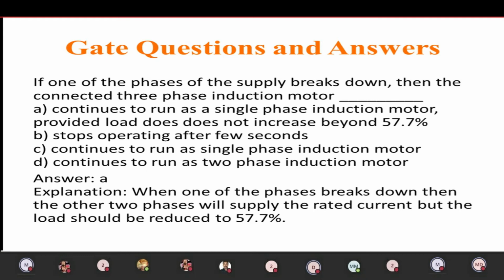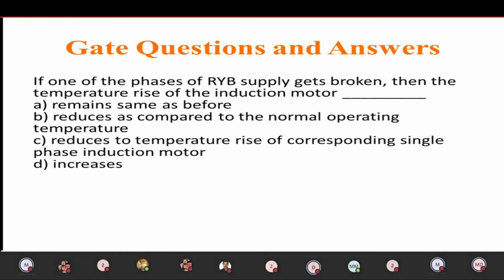But the machine can reduce to 57.7%. Then if one of the phases of the R, Y, B supply is broken, the temperature of the motor rises. So, an important question: why did we discuss the temperature rise?